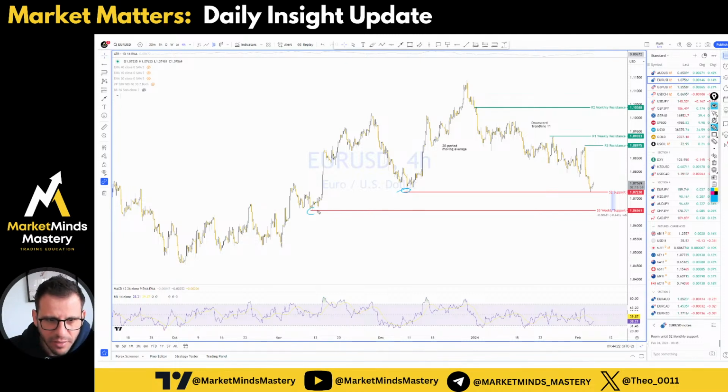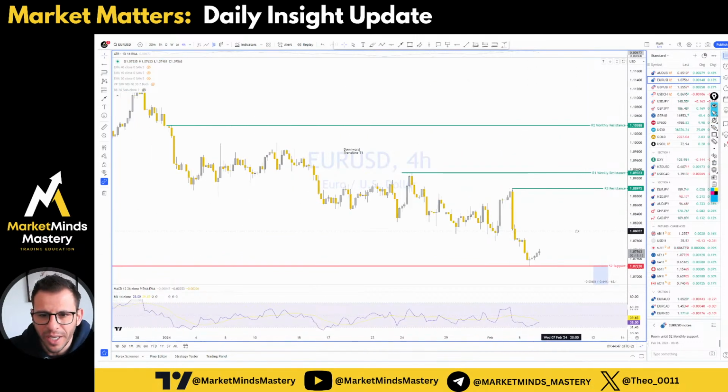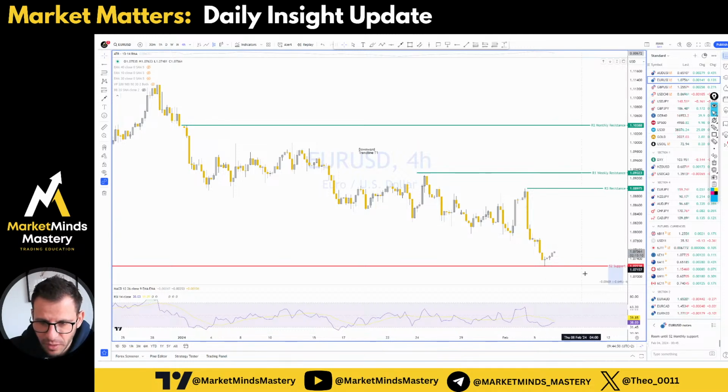Just under there is a support created on the weekly time frame, so maybe the price is here, maybe it's going to move a little bit to the upside and decline. Overall the daily chart is down, the market makes lower highs and lower lows, and we don't have any clue which support will create the reversal. I hope I answered the question. If it's still not clear, please let me know.